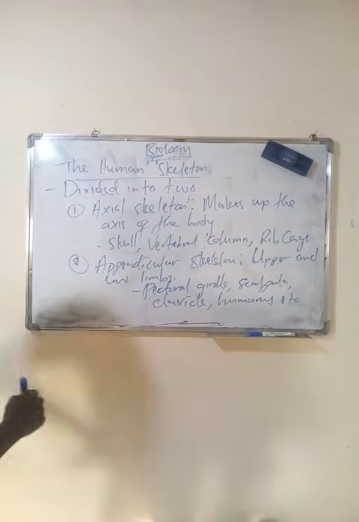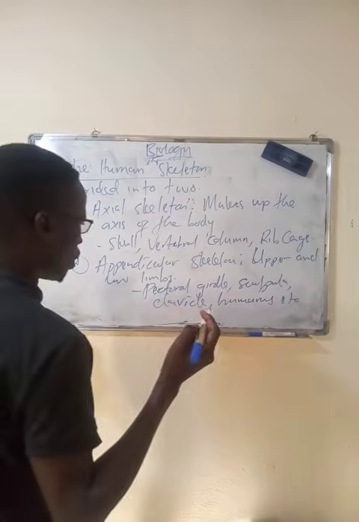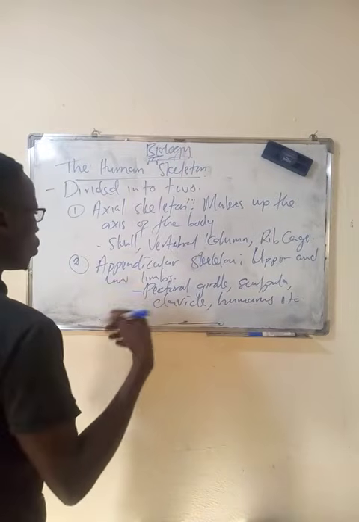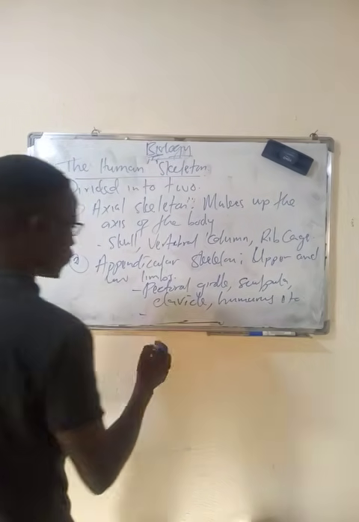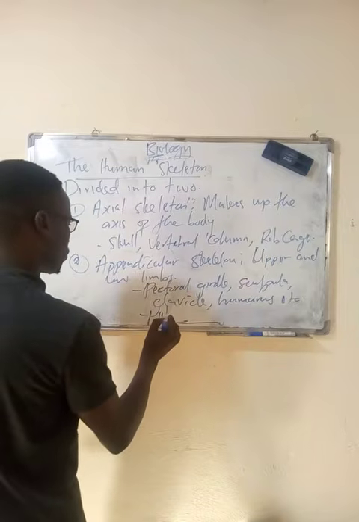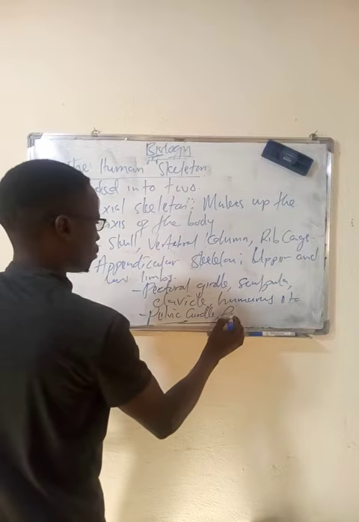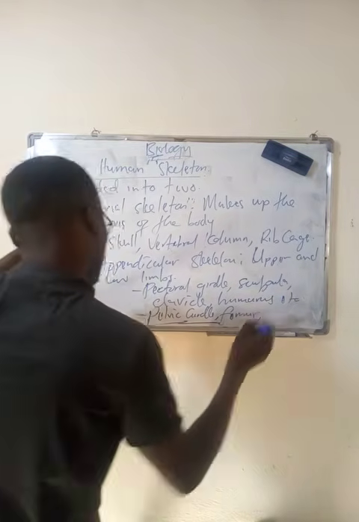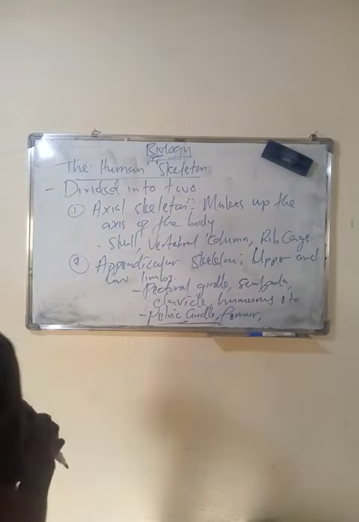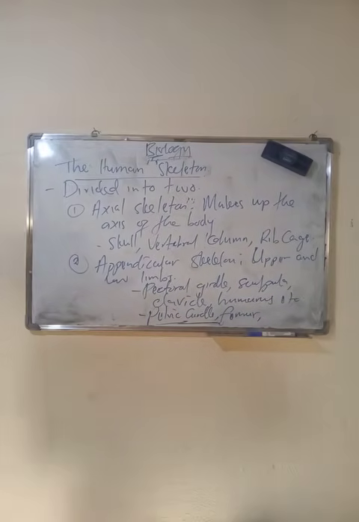Anything to do with the upper limbs, the hands, belongs to the appendicular skeleton. Then we also have the pelvic girdle, the femur, and so on and so forth. All those also belong to the appendicular skeleton. Okay, is everything fine? Do you have any questions?